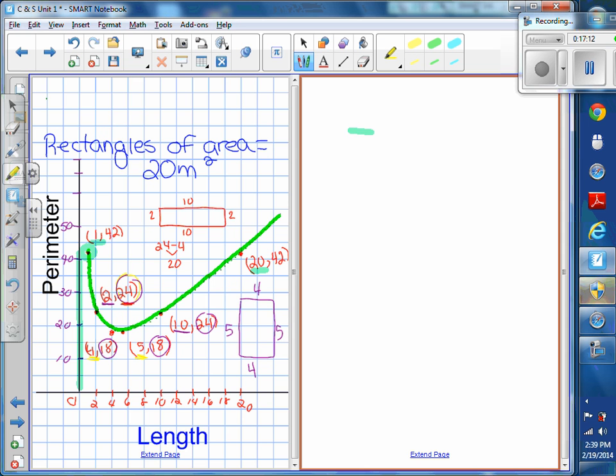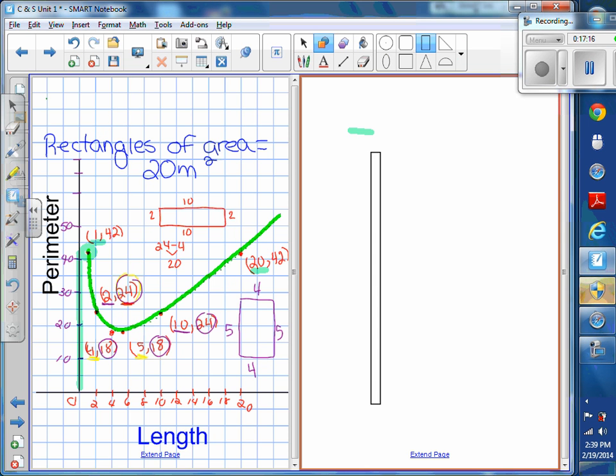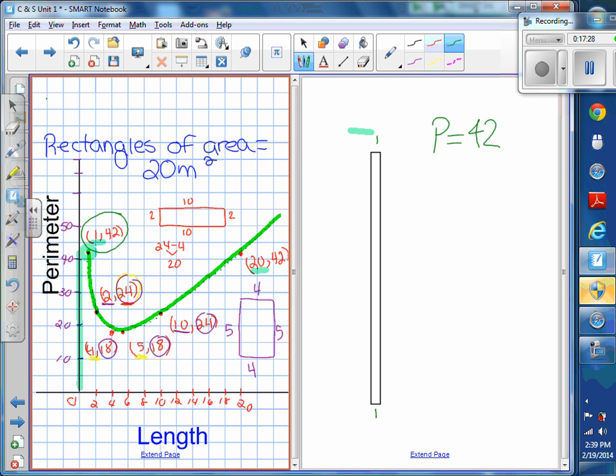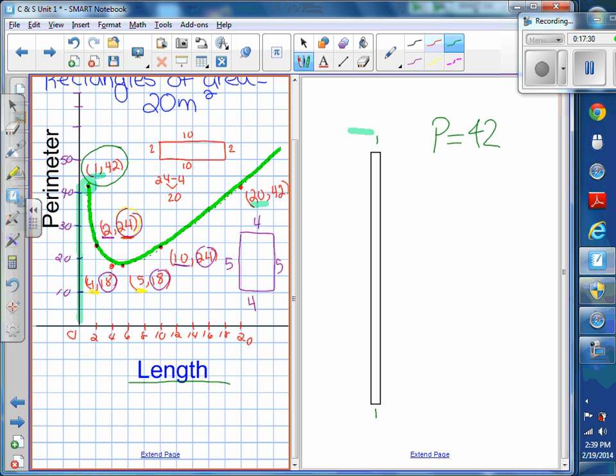Does that help? Yeah. And if that's hard, the better way for you is just to know that it's a 1 by something. Like you just know that there's a 1 in it, and you know the perimeter is 42. Can you find that information on the graph? So this coordinate is a length right here, length of 1, that's the first thing, and the perimeter is the second thing.